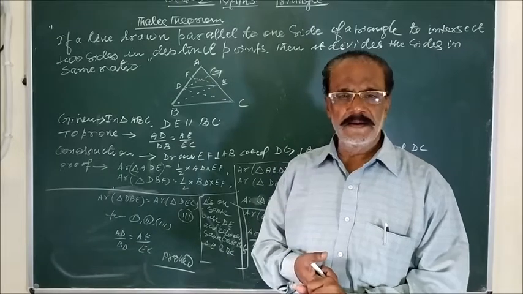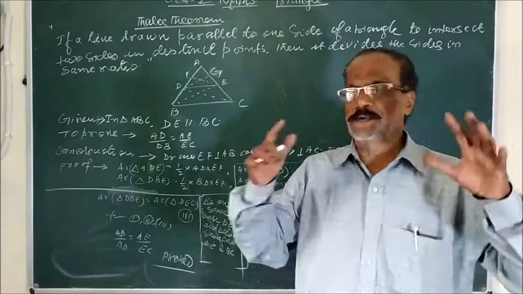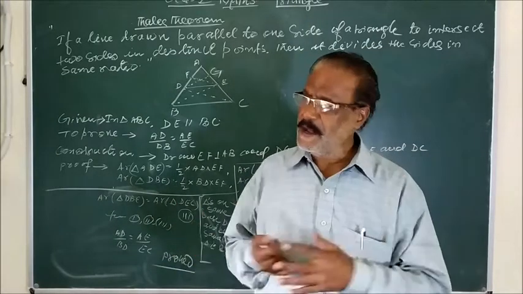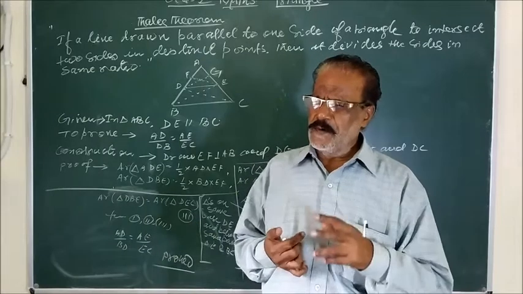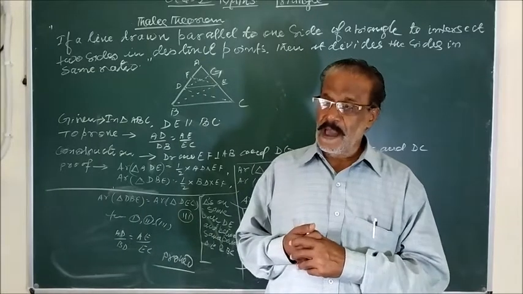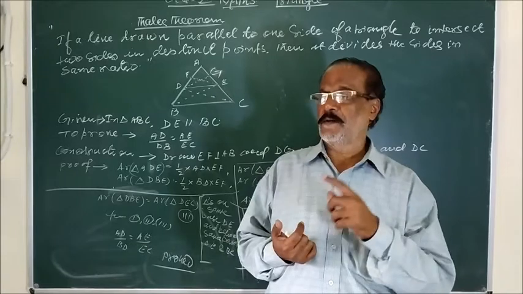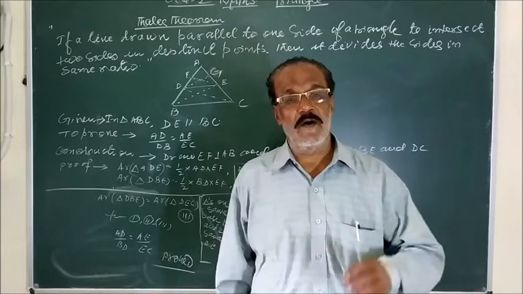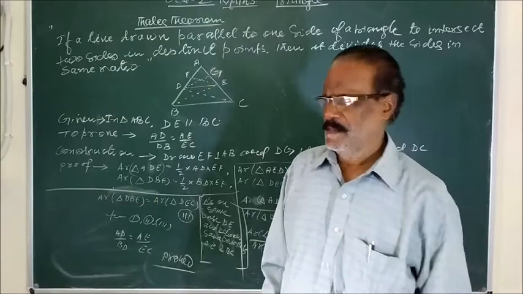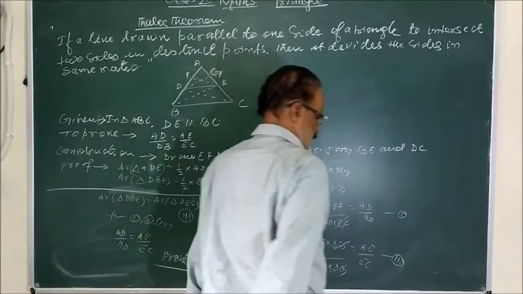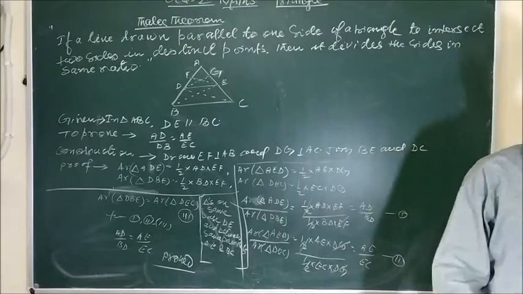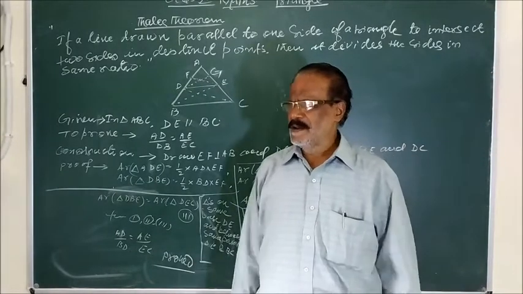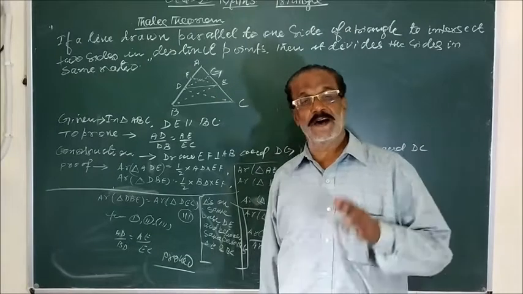Polygons having the same number of sides, maybe 3, maybe 4 or 5. If two polygons have an equal number of sides, they can be called similar if the corresponding angles are equal and corresponding sides are proportional.